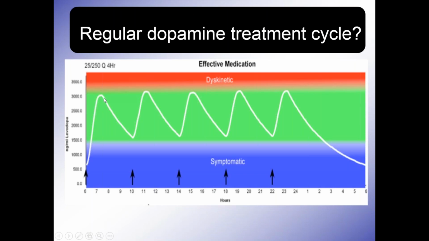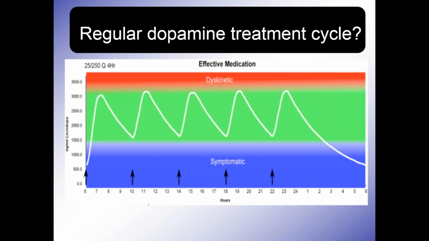And unfortunately, over 3 or 4 or 5 hours, the amount of dopamine starts to wear off. As you can see by this arrow here, this is a hint as to when the person is taking their next meds, about 4 hours later, and the dopamine levels increase. And over the period of 4 hours, those meds start to wear off again. You can see that this is a continuous cycle during the day.